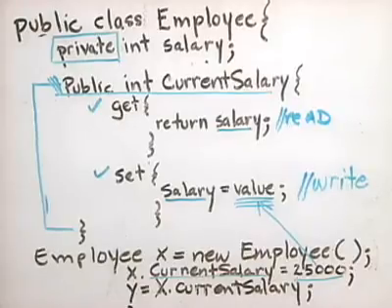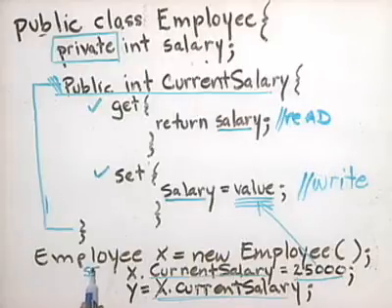So I'm assuming y is just an integer variable equal to x dot current salary. So once again, I'm calling it the same way I would call a method. But what this is really doing is it's calling the get component, because really all I want to do is read the salary. So this calls the set of the property, and this calls the get.